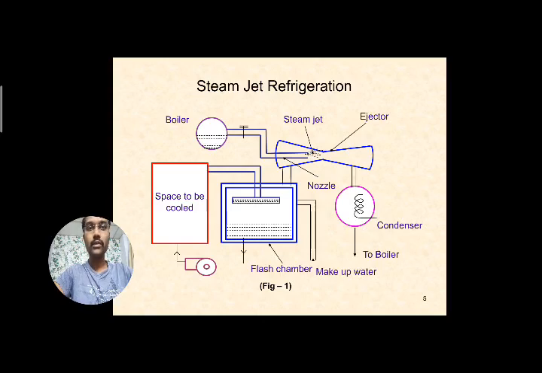The products give out heat to the water, and the water becomes warm, and the products are getting cooled in the space to be cooled. That warm water at the top of this cooling chamber again enters through the spray header. You can see in the flash chamber at the top there is a spray header. So warm water is sprayed again with the help of this spray header.